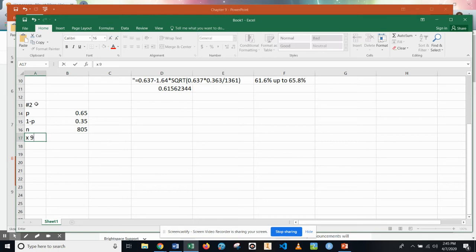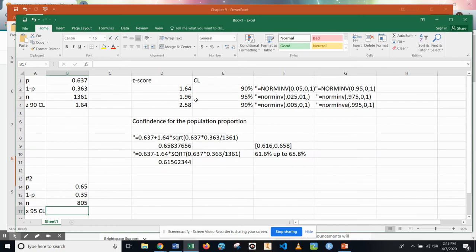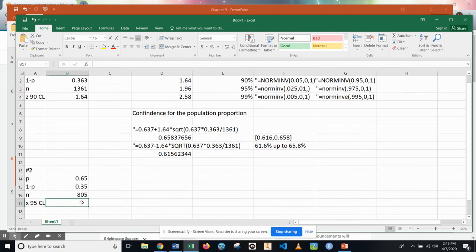For my Z, I need a 95% confidence interval, so I'm going to go back up to my Z scores, 95%. It's my 1.96. And that needs to be a Z over there, not an X. Was that the only things I need? I think that's all I needed.